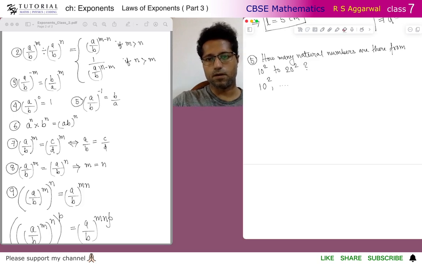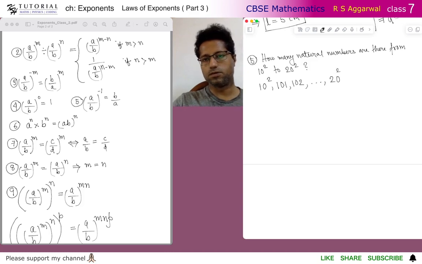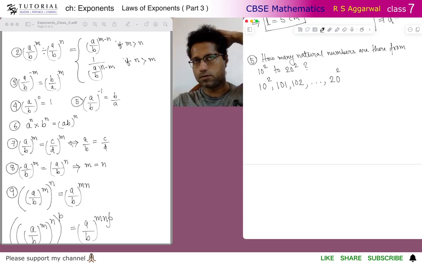So we will have 100, 101, 102, and so on. The last number is 20 square. 20 square is 400.